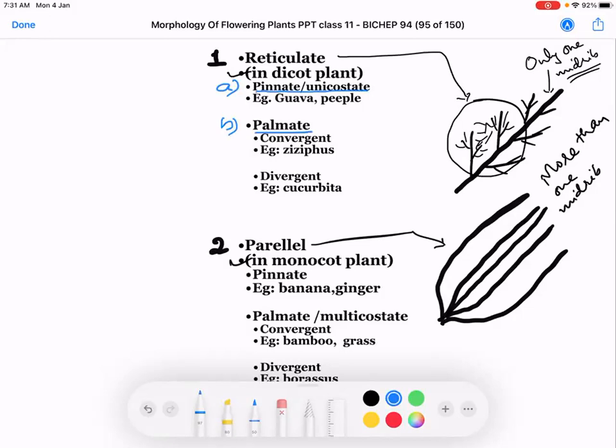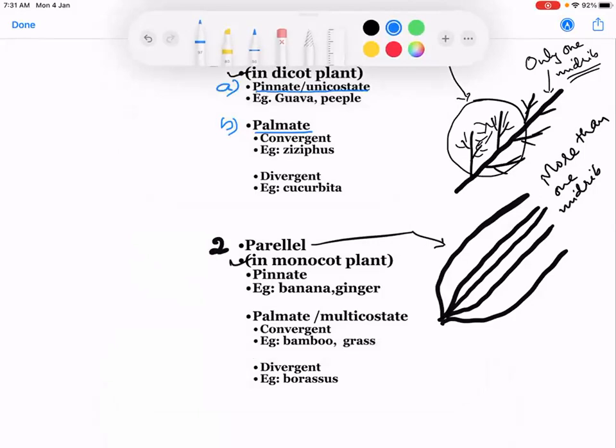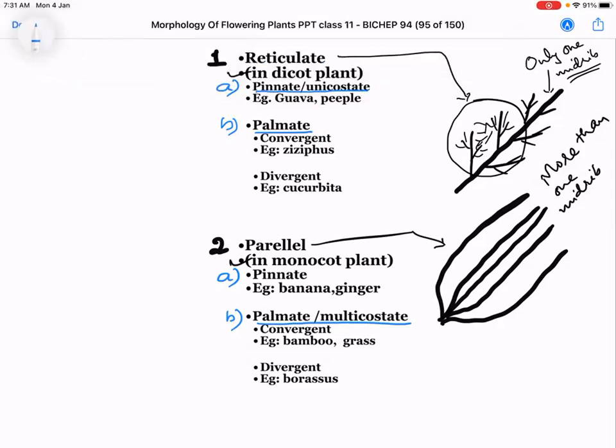Similarly, in parallel as well, one is pinnate and second is palmate or multicostate. Pinnate is unicostate and palmate is multicostate. Examples are also given. In dicot pinnate, examples are guava, peepal, etc. And in parallel pinnate, banana, ginger, etc.